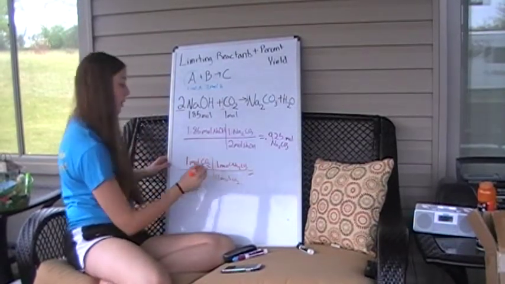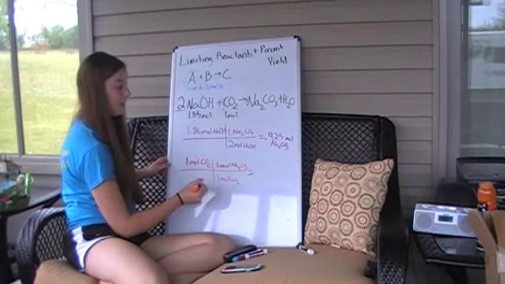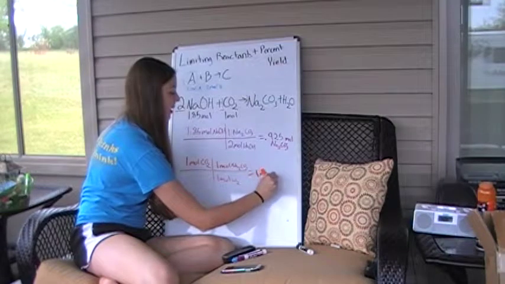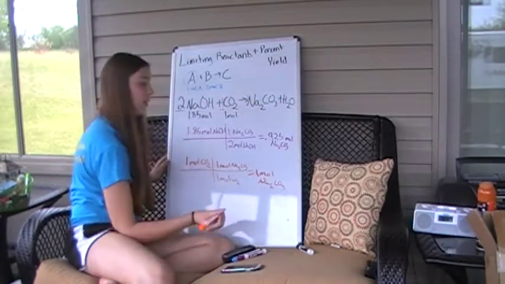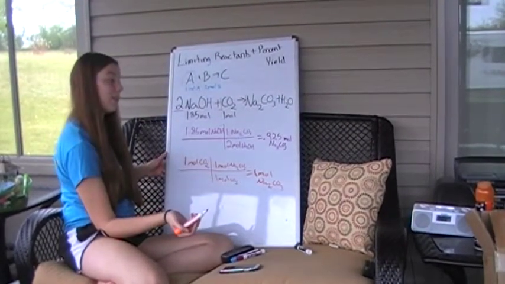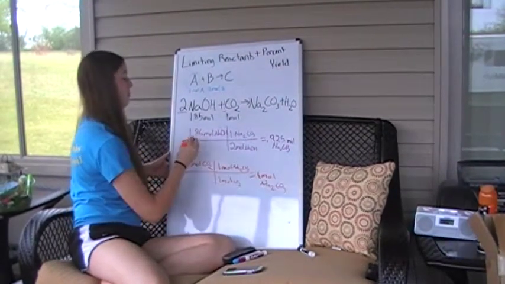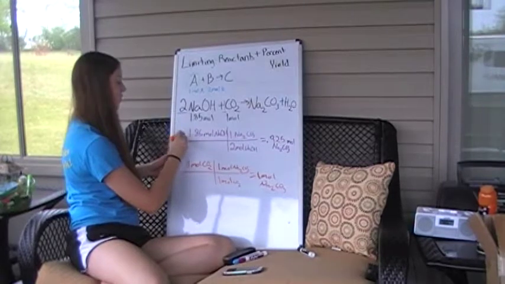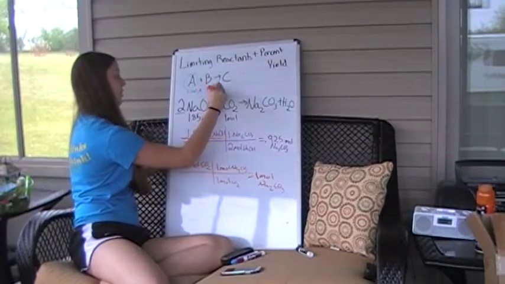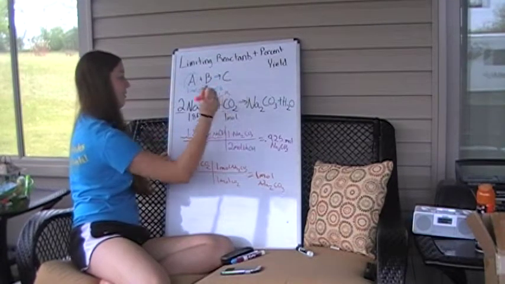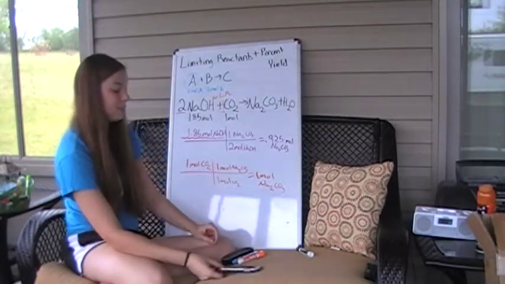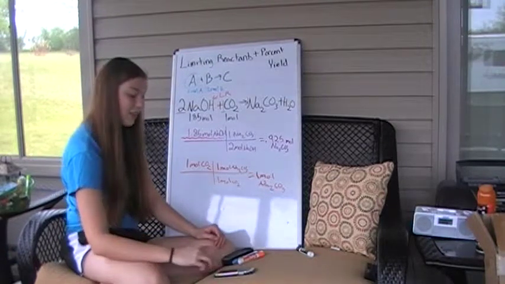And completing the T-chart, 1 times 1 is 1, divided by 1 is 1 mole of Na2CO3. So the limiting reactant is the one that makes the least amount of product. So in this case, that would be the 1.85 mole of NaOH. So NaOH is the limiting reactant. So that's how you find your limiting reactants.